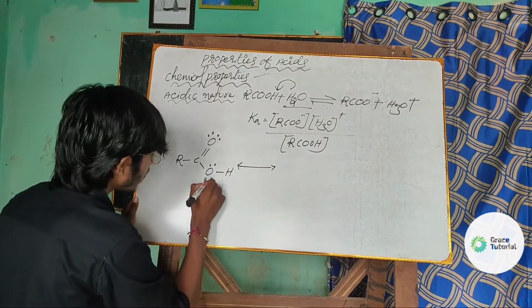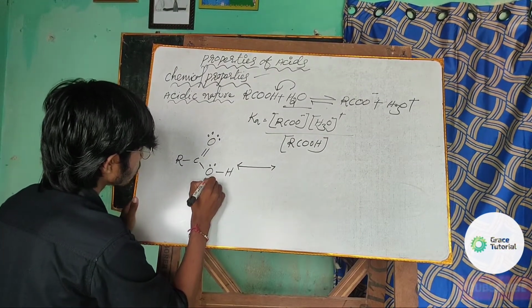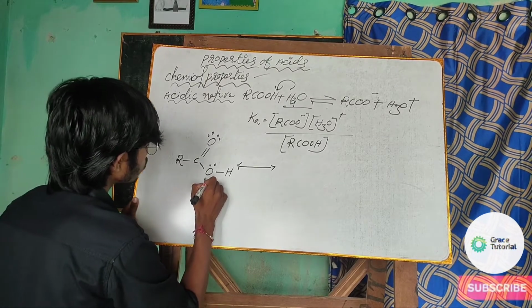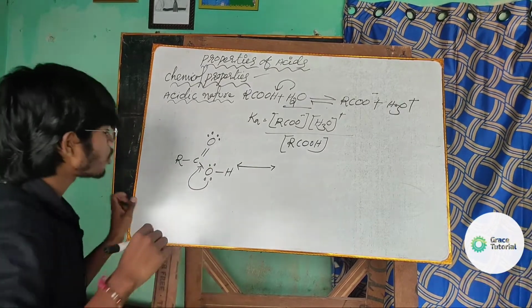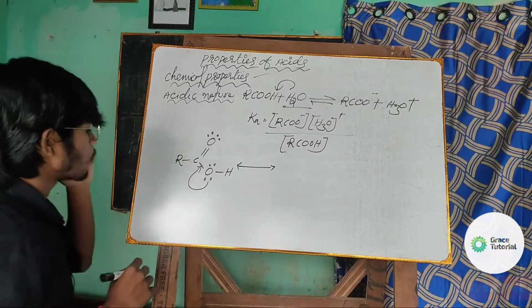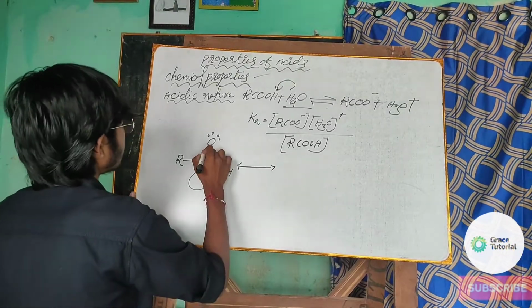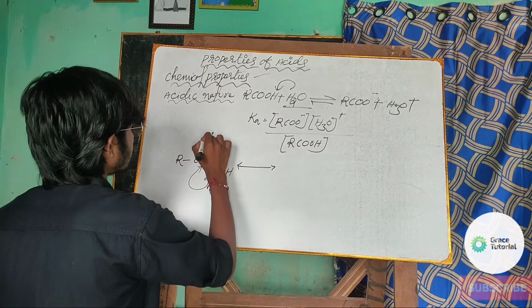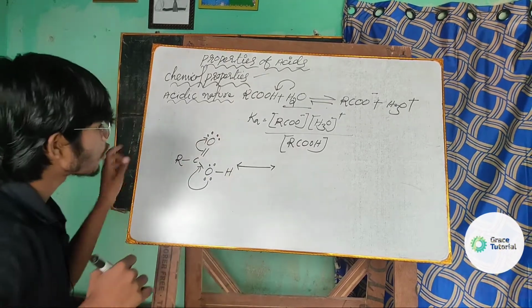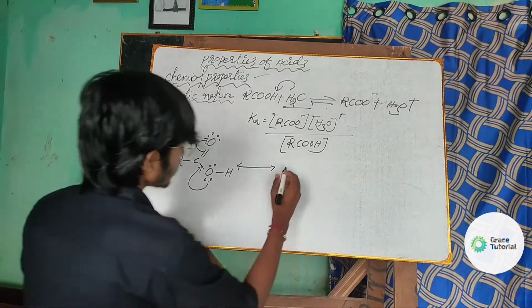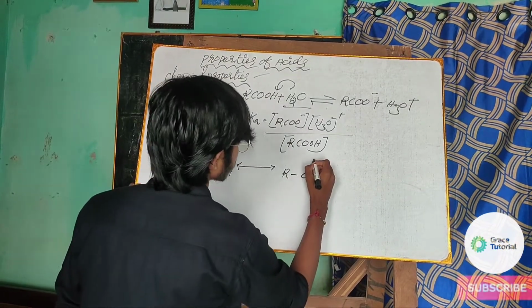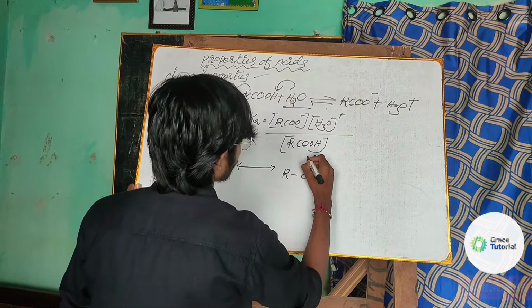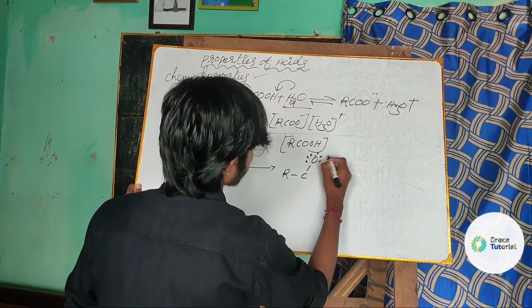This lone pair of electrons will be attracted by this carbon atom, and this pair will be transferred to this oxygen atom, and it can also be written in another form.